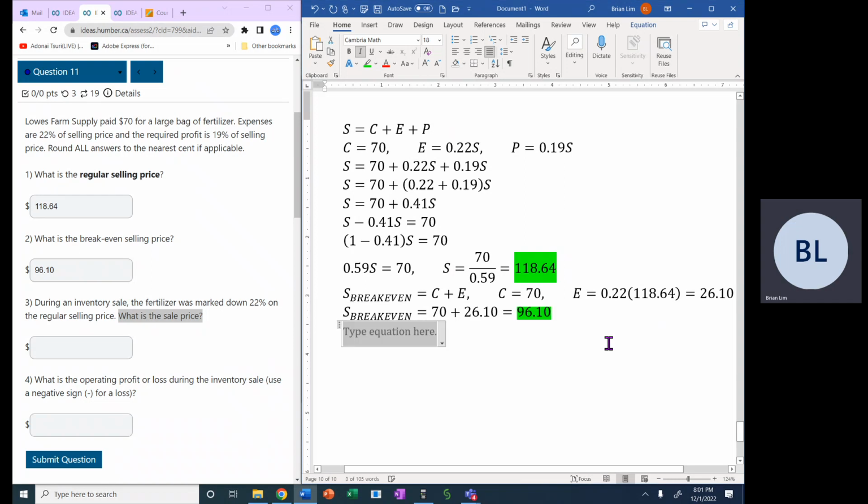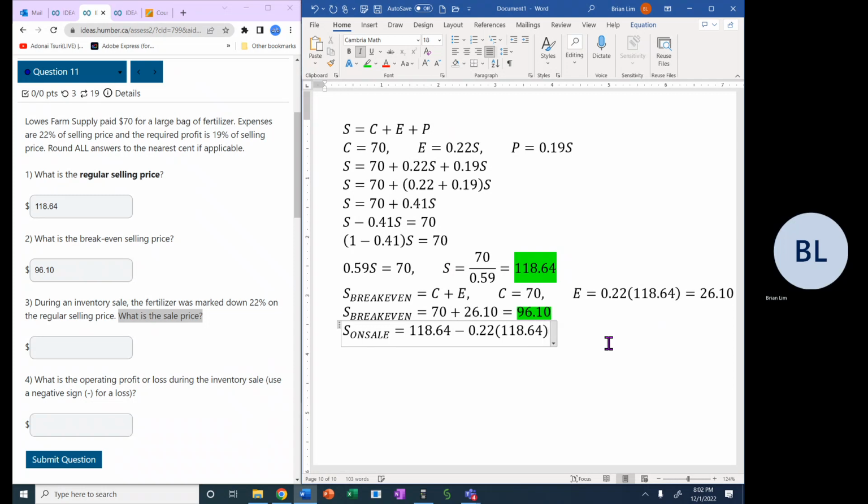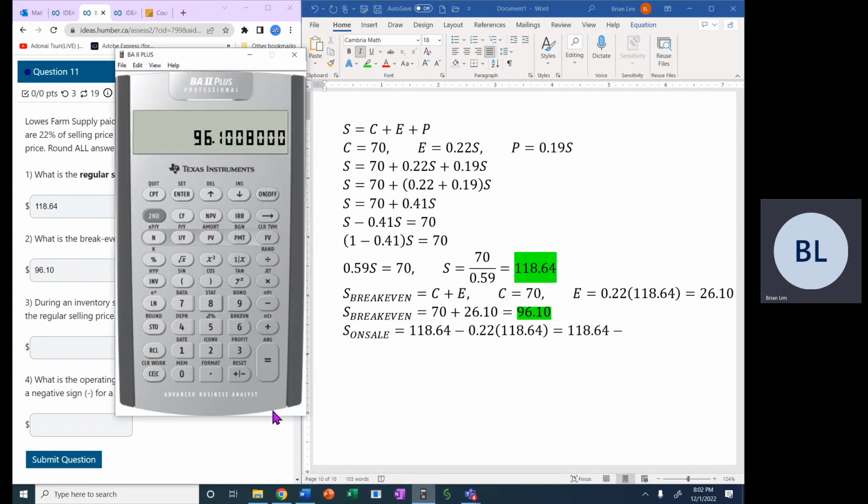So S on sale would be equal to the regular price, which is 118.64, minus 0.22, the 22% markdown, times 118.64. So we put in 118.64 and multiply by 0.22, and that gives us 26.10.